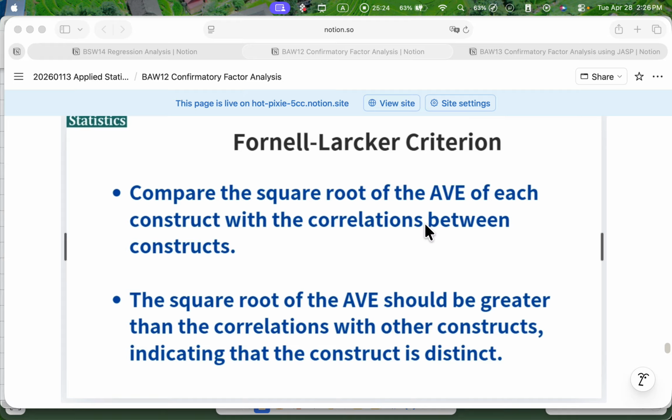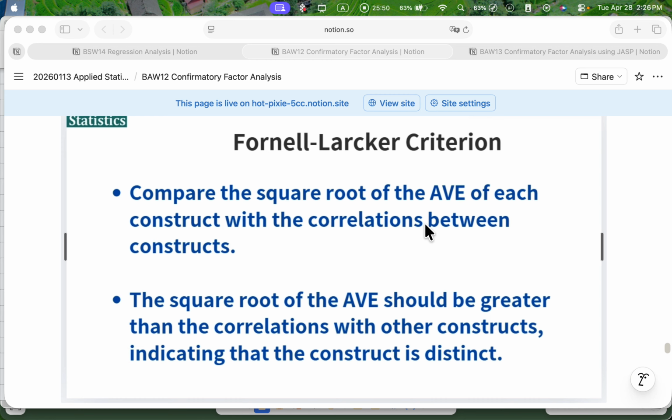That means I can separate the concept x1 from x2, x3, mediator, and y. They are different concepts, different variables.